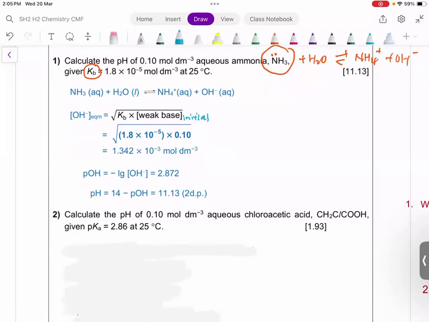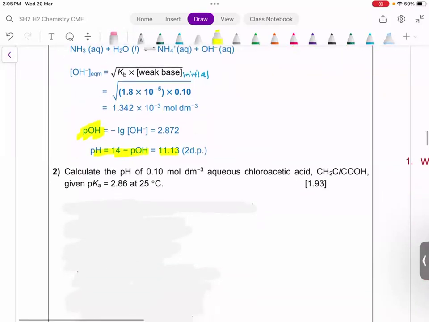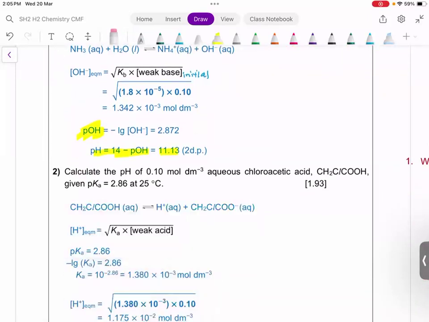As mentioned, what you can calculate straight away is the pOH first. Then you need to subtract to calculate the pH. When you are working with a base, there's always this additional step involving your pKw. Let's look at the next part, the acid dissociation.